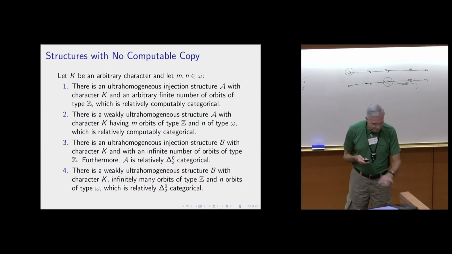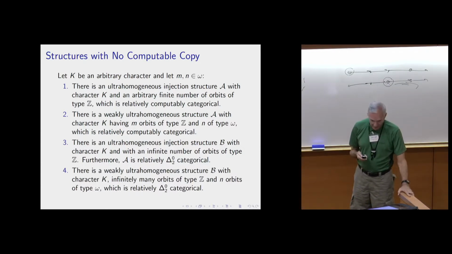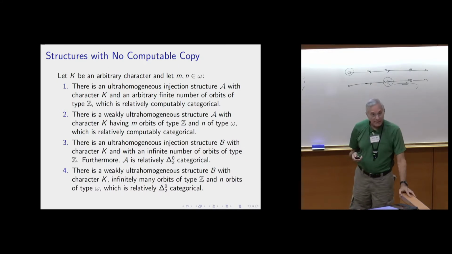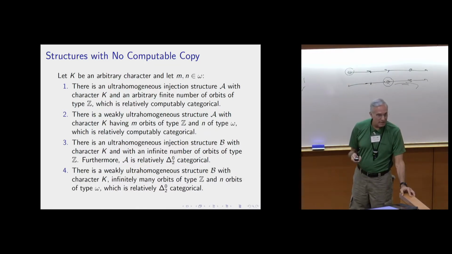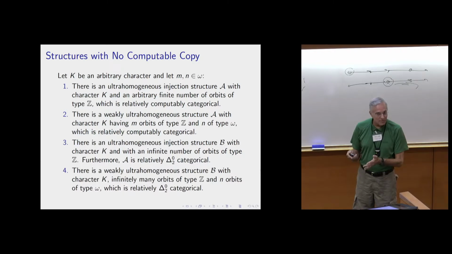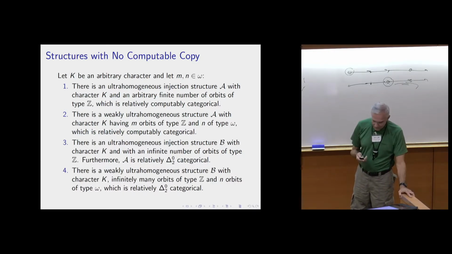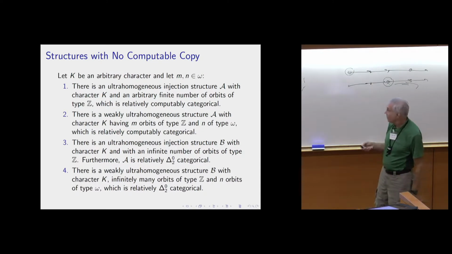Essentially, this is just saying the character, the number of finite orbits of various sizes, is kind of irrelevant to this question of whether you are categorical. So you can actually say that these non-computable structures can still be viewed as relatively categorical, in the sense that any two copies of them would have an isomorphism computable from the structures in a Delta_2 fashion, whether they're computable or not.